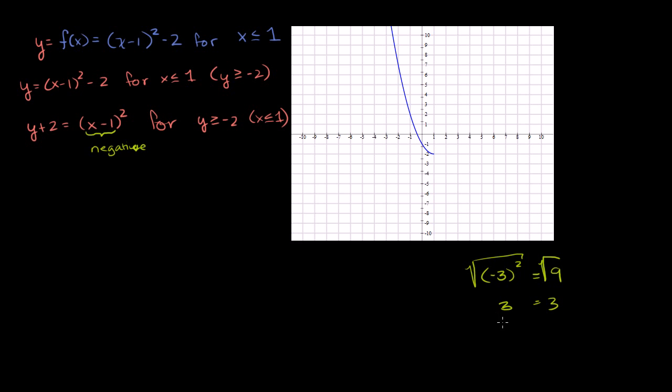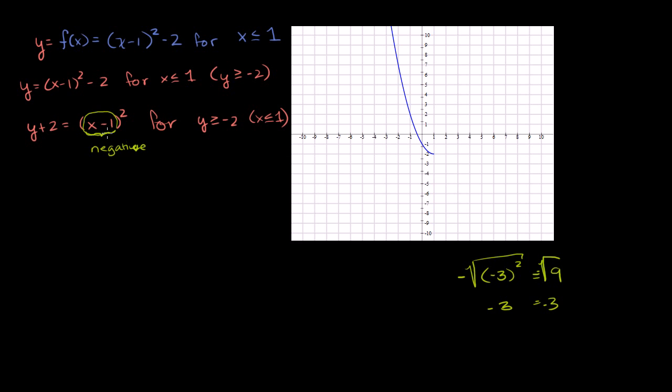But that's not our goal. We want to get back to negative 3. So we want to take the negative square root of our squared. Because this expression is negative, and we want to get back to this x minus 1, we need to take the negative square root of both sides.